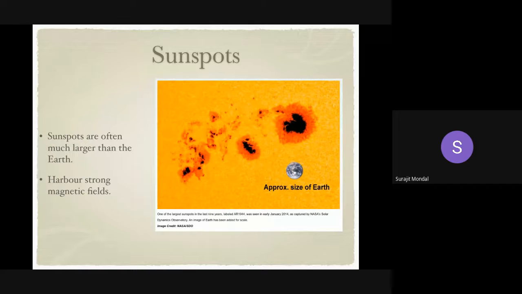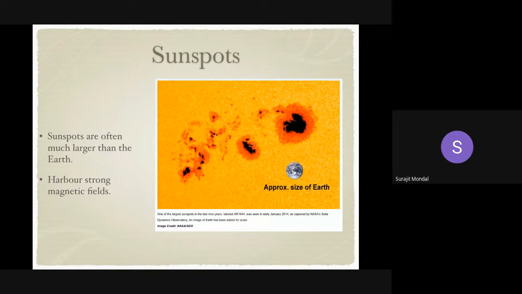Now these sunspots are actually the locations where the magnetic field is very strong. The magnetic field inside sunspots is of the order of a few kilogauss. Now, as I mentioned earlier, these sunspots change from day to day.